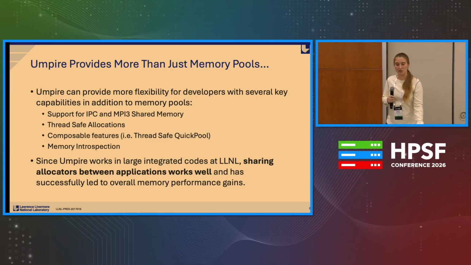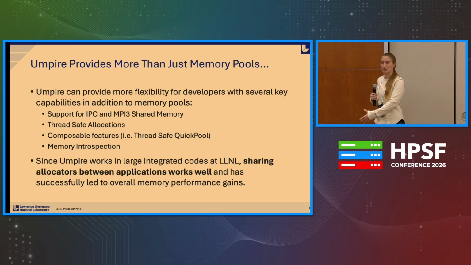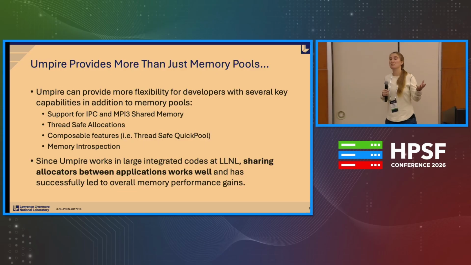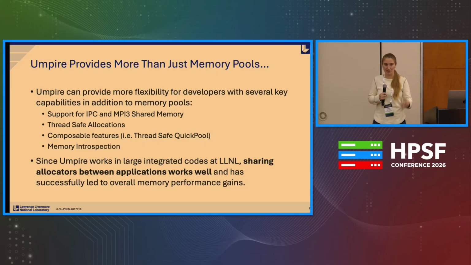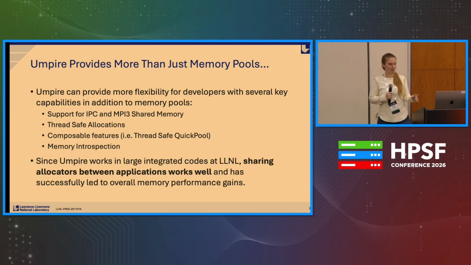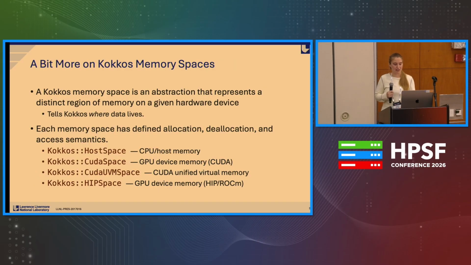Now the simulation can share an allocator with the visualization component, and we've seen that the visualization will have more memory doing that than it would otherwise have. Specifically in situ visualization, I just want to put that out there. So that's been very successful at the lab.